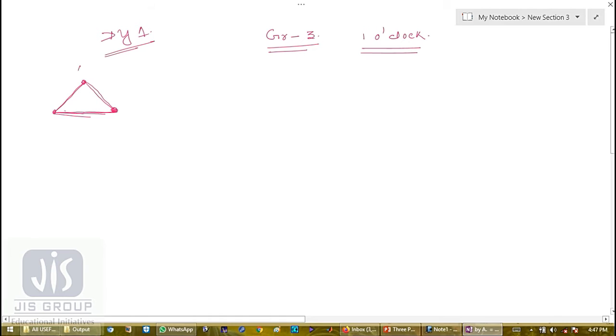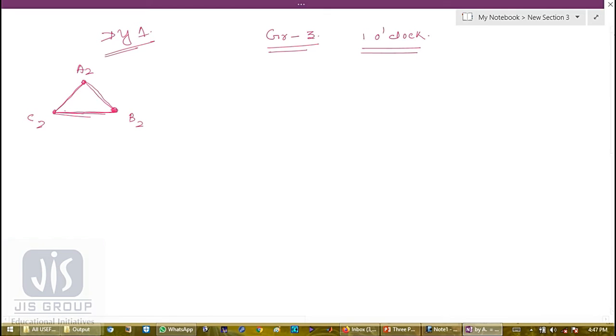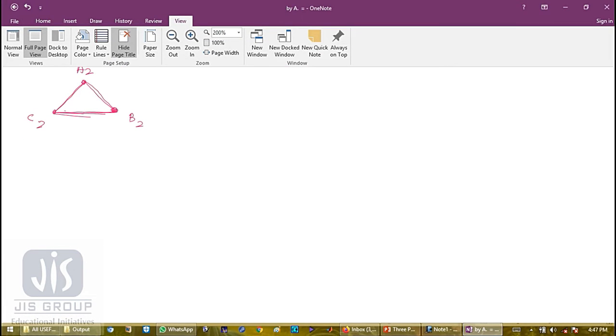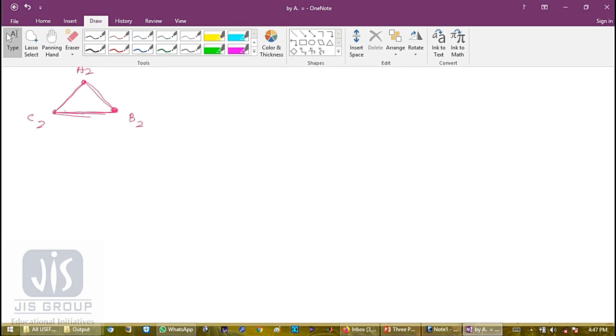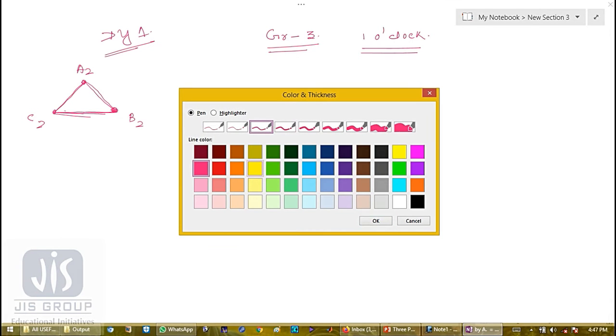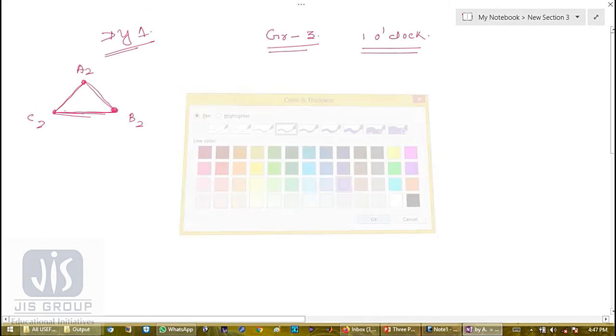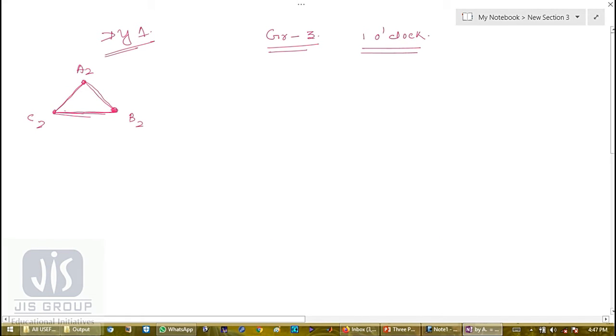So this is A2, this is B2, and this is C2. Inside this is my equivalent star.